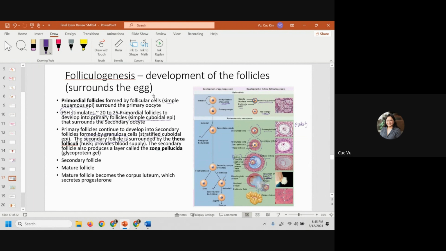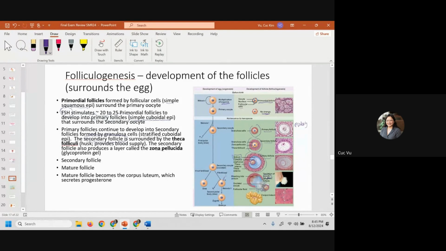And when LH goes up, guess what LH is going to do? It's going to cause the mature follicle to do what? That's what you're seeing in this image right here. I'm not sure if you can see my arrow. It turns into the corpus luteum? Not yet.